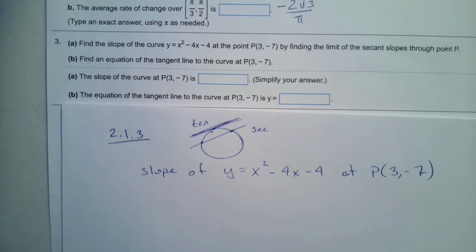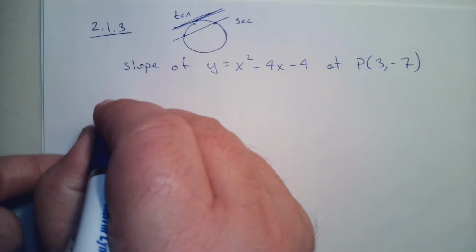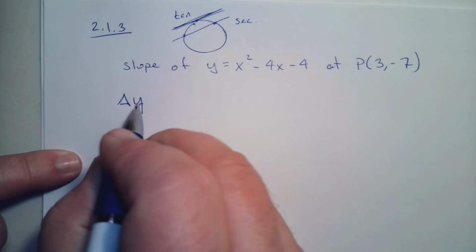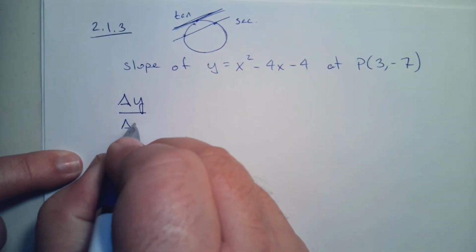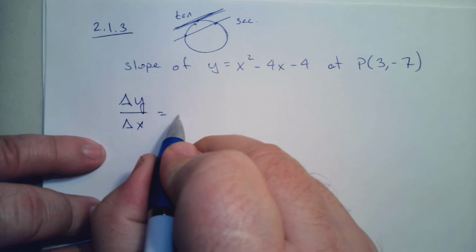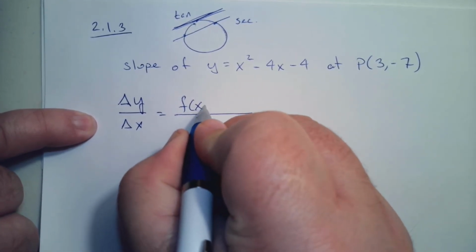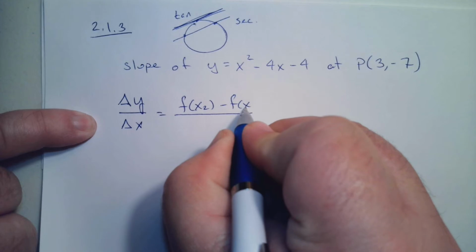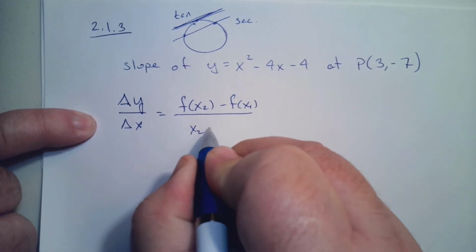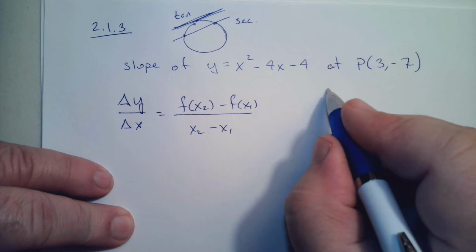The secant slope simply is the rate of change. But in this one, instead of saying f of x2 minus f of x1 over x2 minus x1, what this is saying is this.